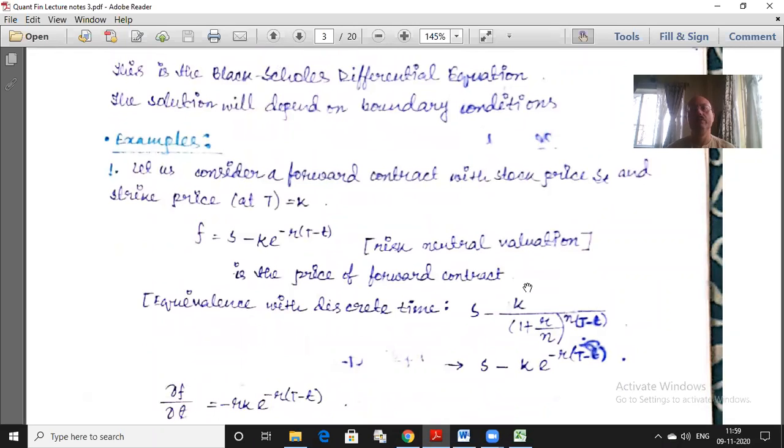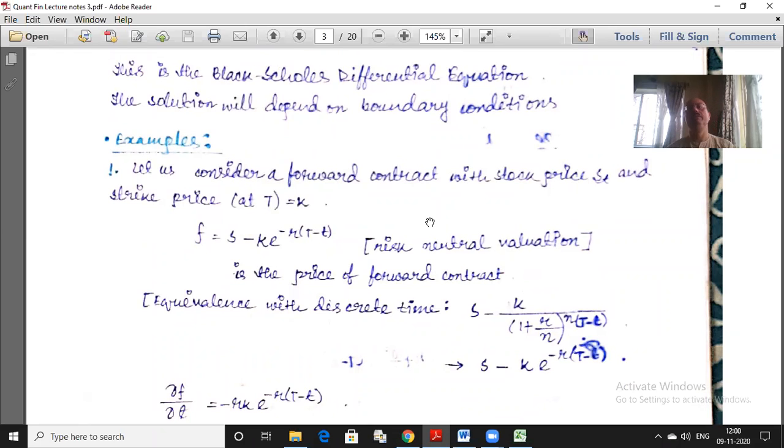Now remember that a forward contract has to be executed, so it's not an option. What I do is I fix a price for the stock at a future date. Suppose that price is capital K, which we call the strike price. So at maturity, I pay that amount K and I get the stock.